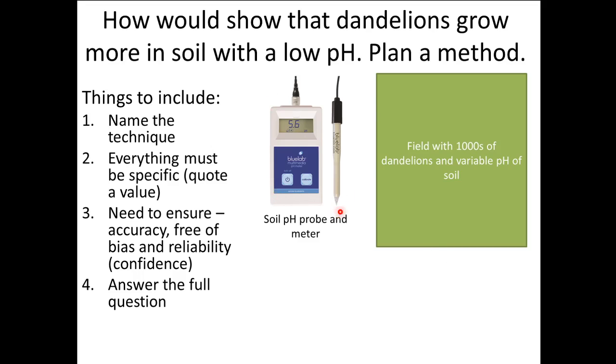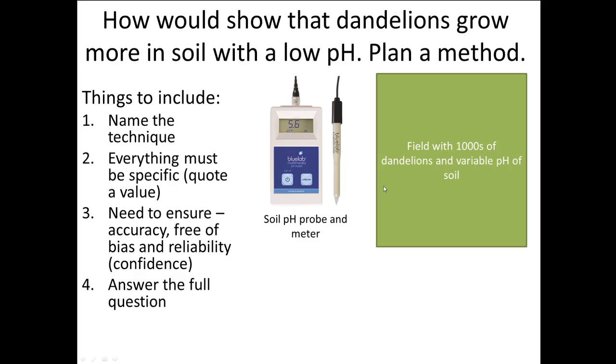This is a pH probe and meter. You stick this into the soil, it gives you the pH. Dead easy. If you know the name of the technique, because there's 2 techniques you need to know, brilliant, pop it down. If you don't, that's why we're doing this, to find something that you don't know. Everything must be specific. It doesn't need to be a perfect method by any means, but how many areas in the field are you going to measure?